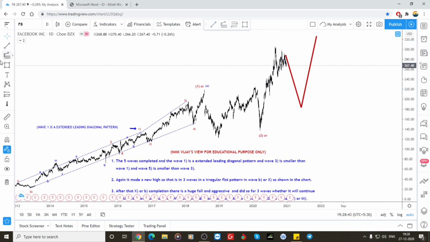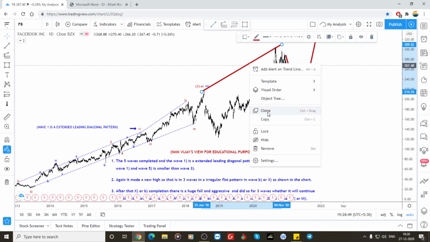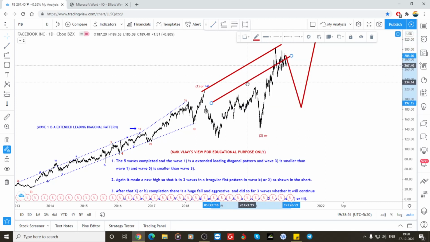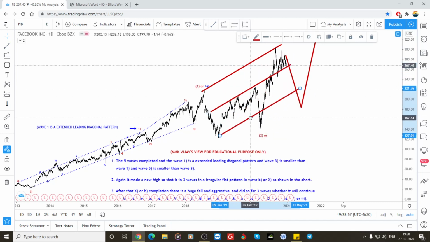So it could be like this. So at the time if we get rejected, you just draw the line, make a clone, place it here, and again one more clone placed here. So whether if it retested and if it breaks below, you may get here.